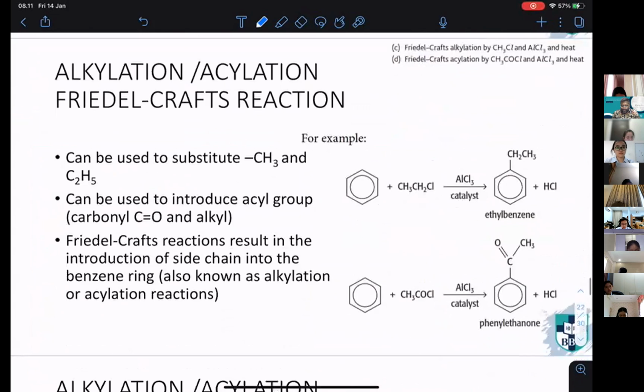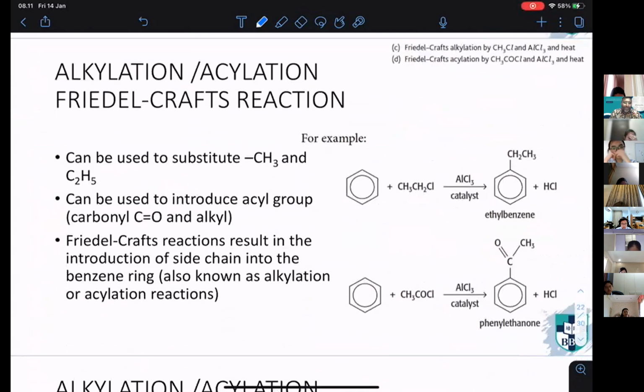Now let's actually move on. This one is going to be under alkylation or acylation, and we call it the Friedel-Crafts reaction. We have already done this. Basically we are going to change benzene, substituting or adding CH3, or C2H5, or any alkyl groups into it.